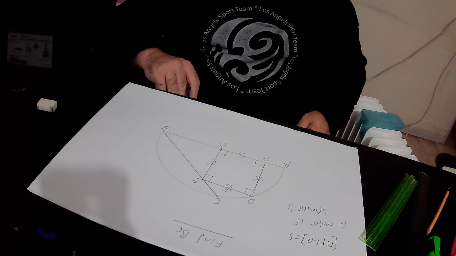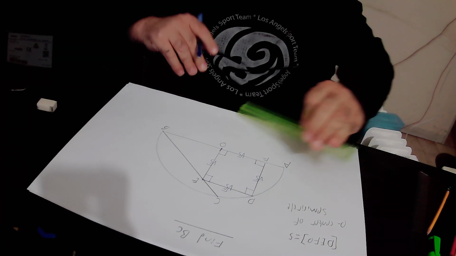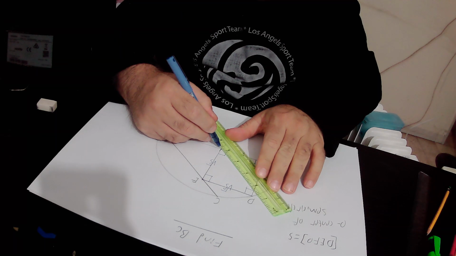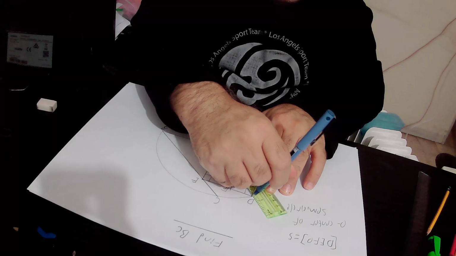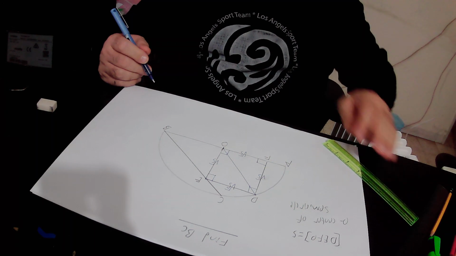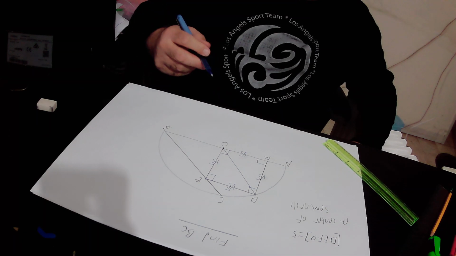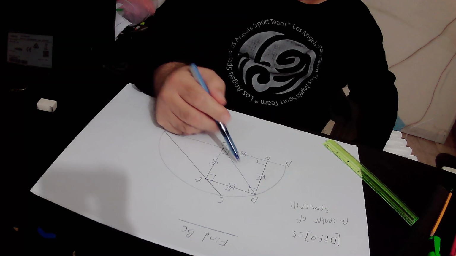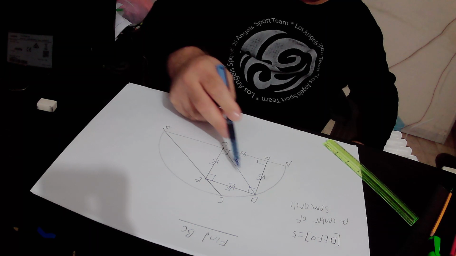And in the next step we will join points D and O together by a straight line. Here, by joining points D and O, we actually created right triangle DFO.